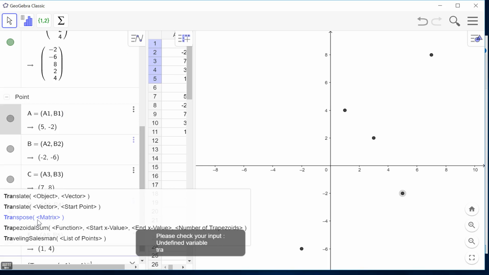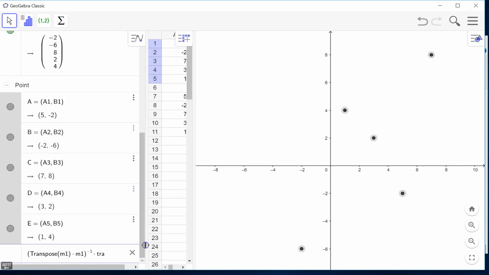What the heck just happened? Oh, stop! Transpose of M1, and then we want to multiply that by M2.